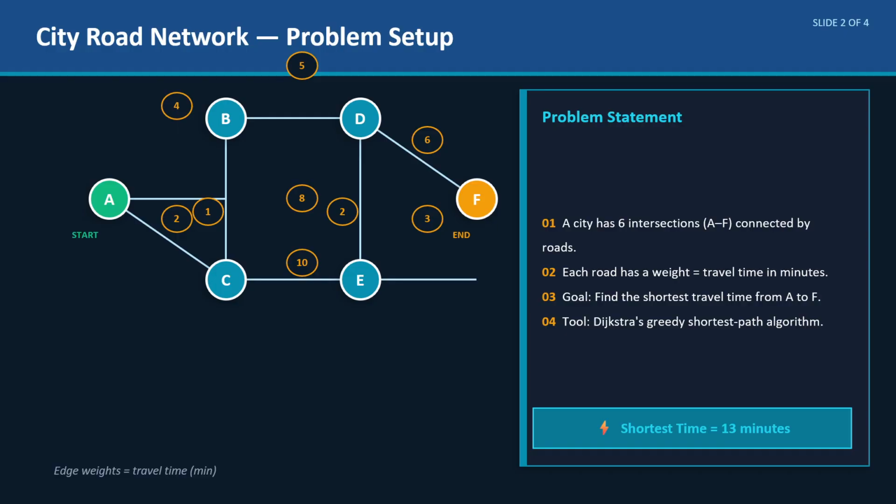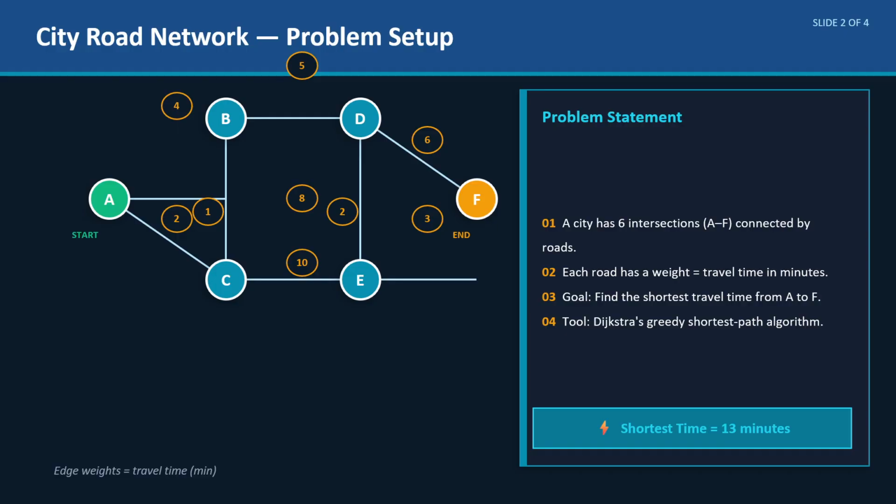For example, A to B takes 4 minutes, A to C takes 2 minutes, and B to C is just 1 minute, and so on. In our Java code, we represent this as a 6x6 adjacency matrix, a 2D array called G.